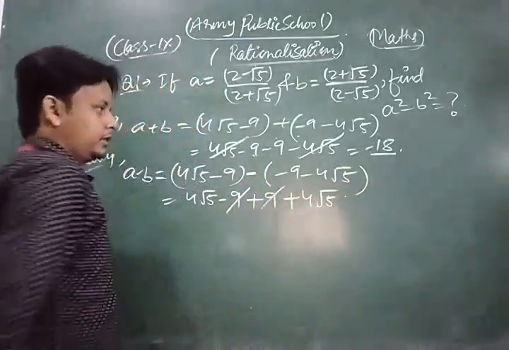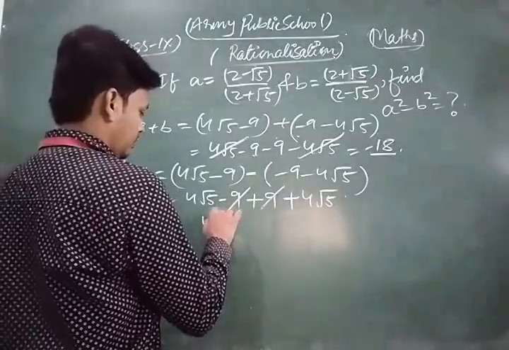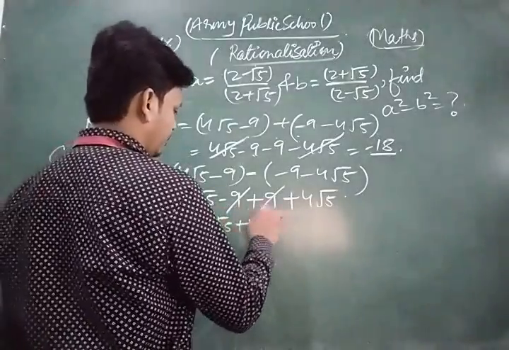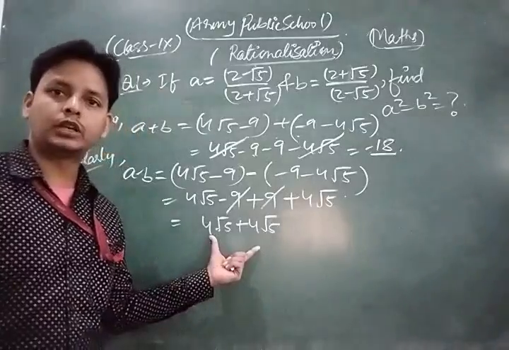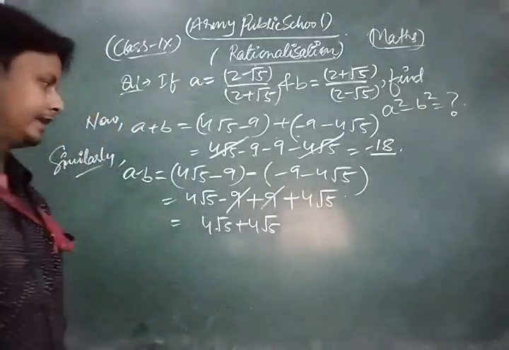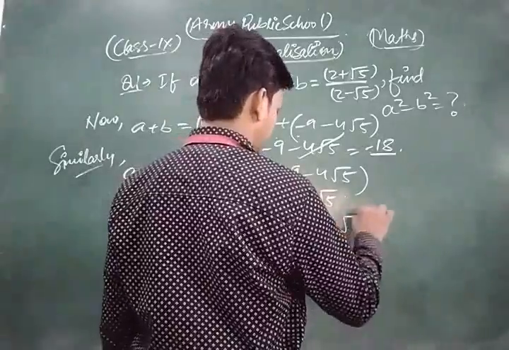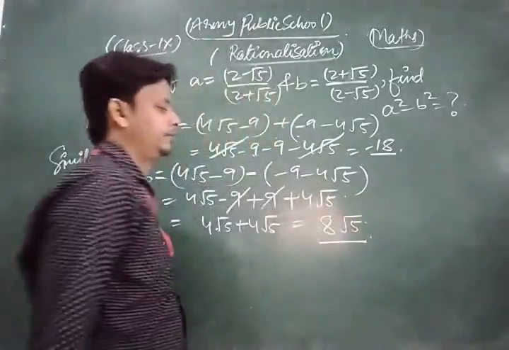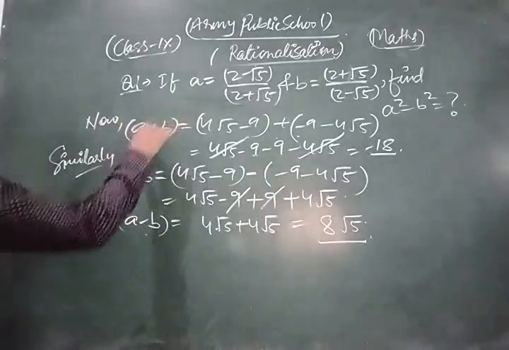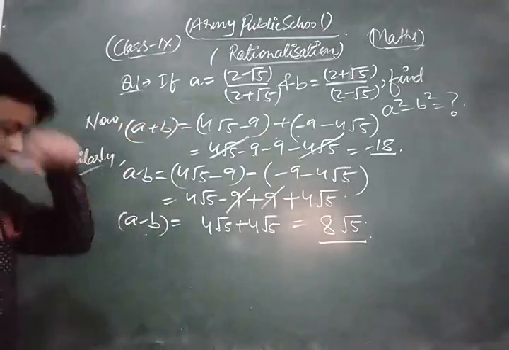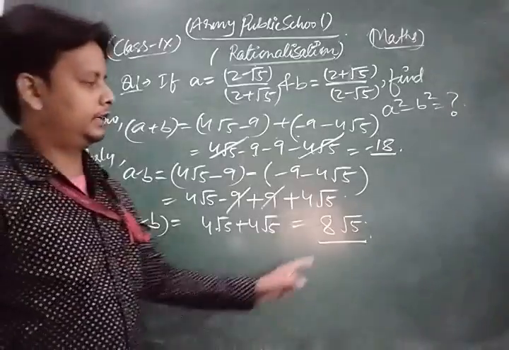Minus 9 and plus 9 cancel each other. So we get 4 root 5 plus 4 root 5. Both are like terms, so we add them and get 8 root 5. The value of the expression a minus b is 8 root 5.